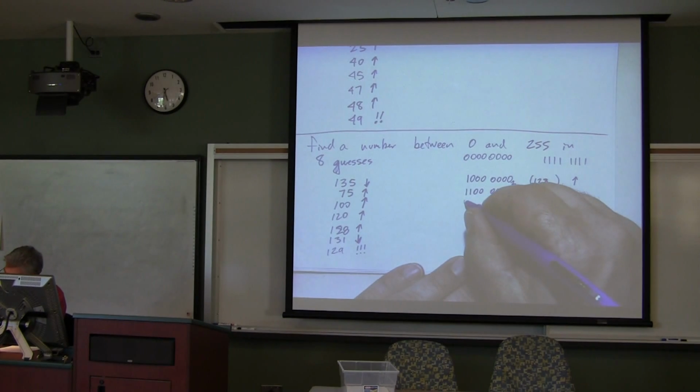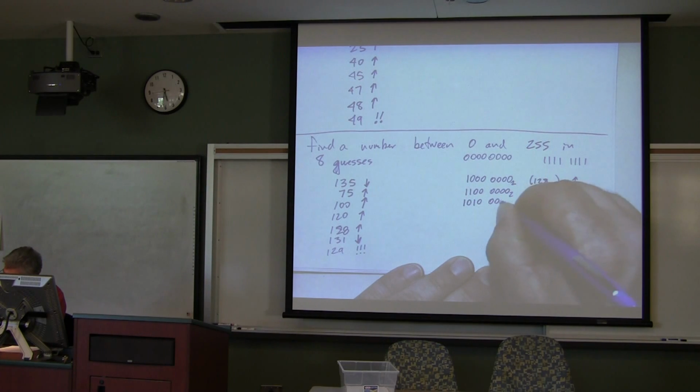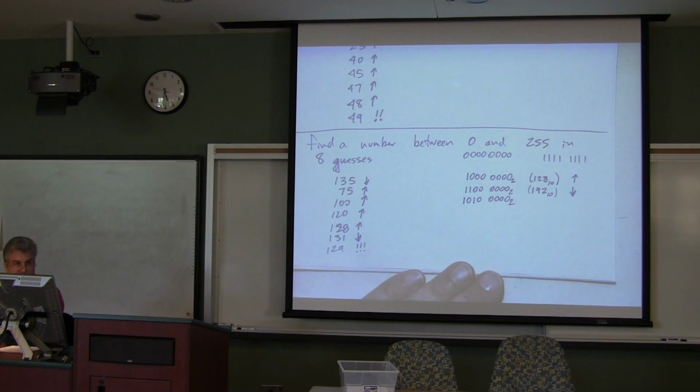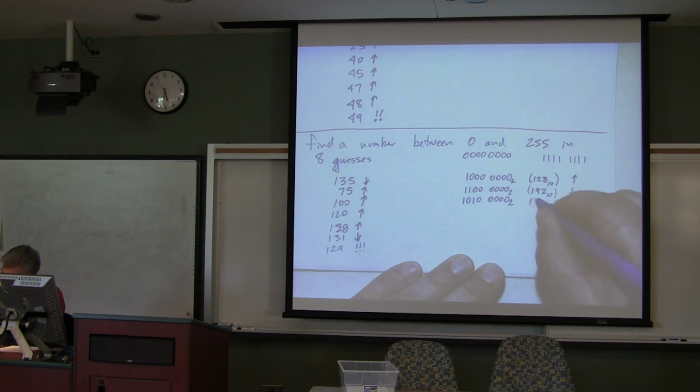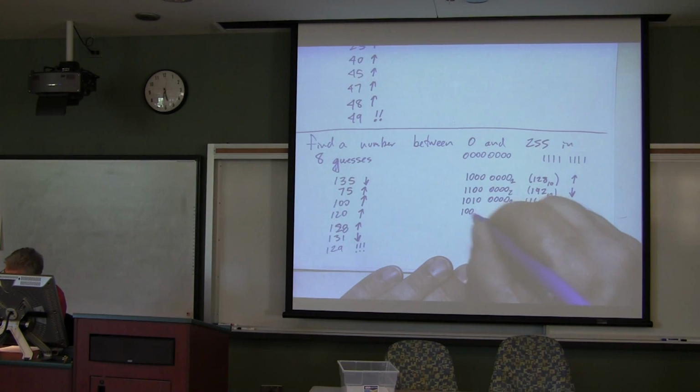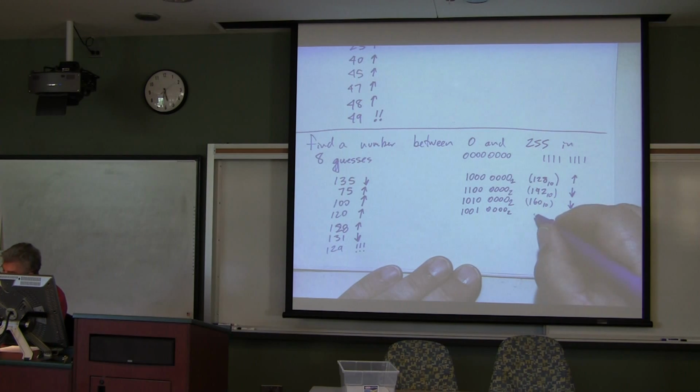So the next thing I need to do is 10100000. That's my next guess, which is 128 plus 32, which is 160, correct? And it's lower. So the next choice is 10010000. And that is what value?